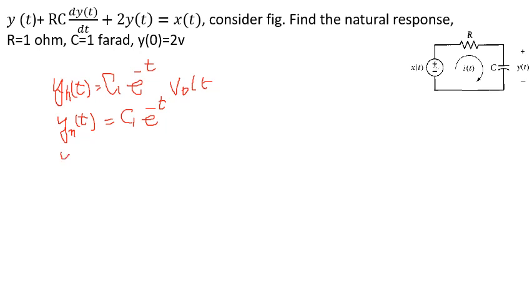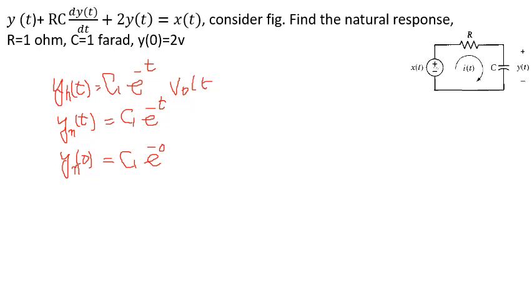So y n 0 is given, so we just replace y n 0 equals 2, so that means c1 into e power minus 0.